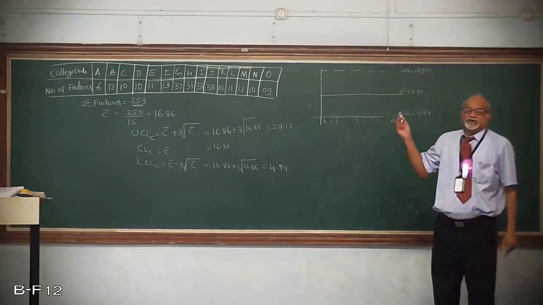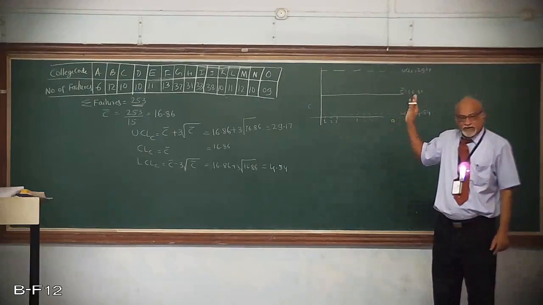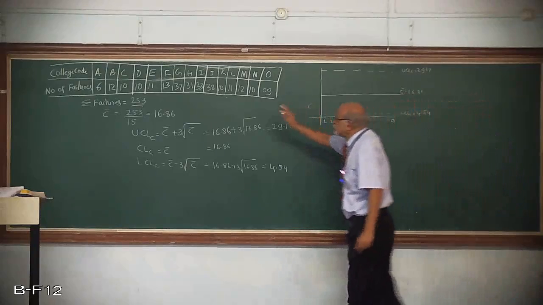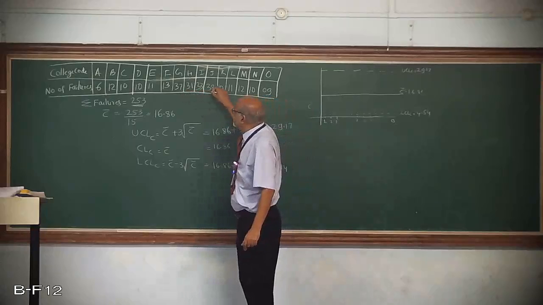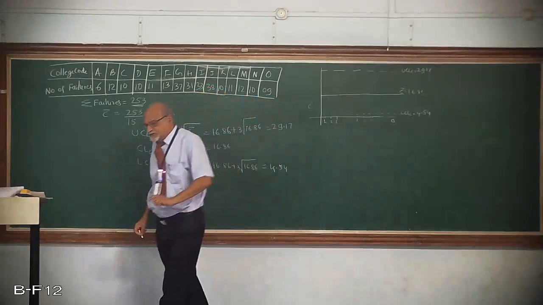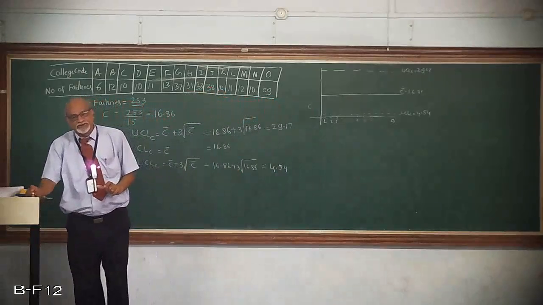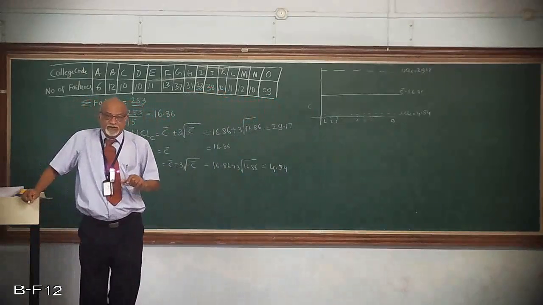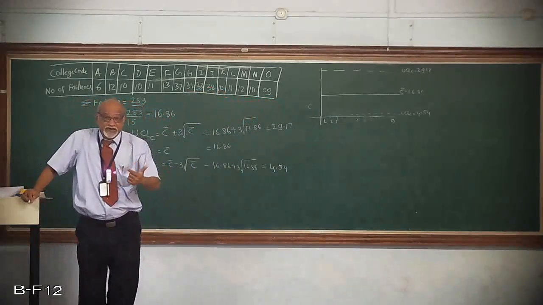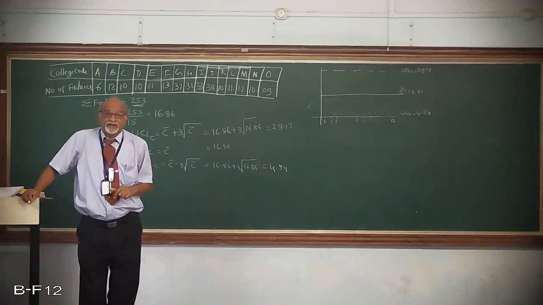So it is out of control, so there is an assignable cause. That is why, whenever a college is to be compared, it is compared with the university standard. The university will have its own standard.